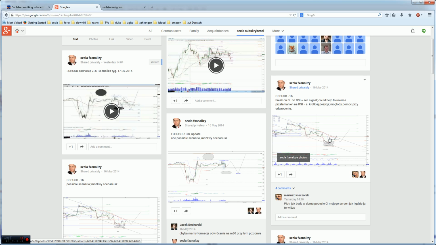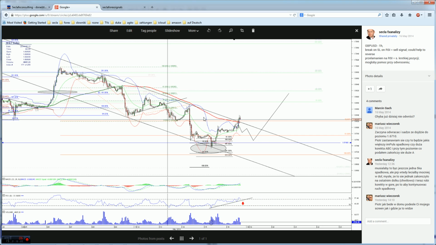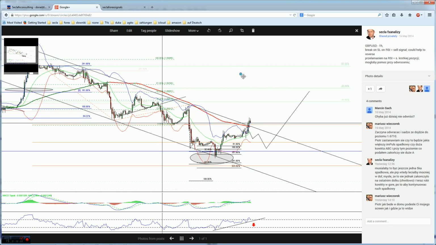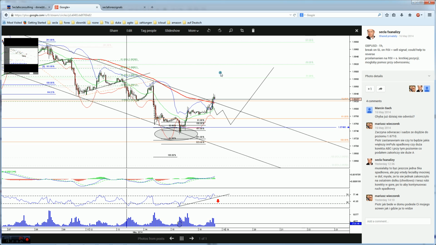Okay, there is another post here from me on last Friday, which shows another investing system, which I used in the past very often when I was not able to count all the waves based on Elliott. So there is a support line on the RSI.